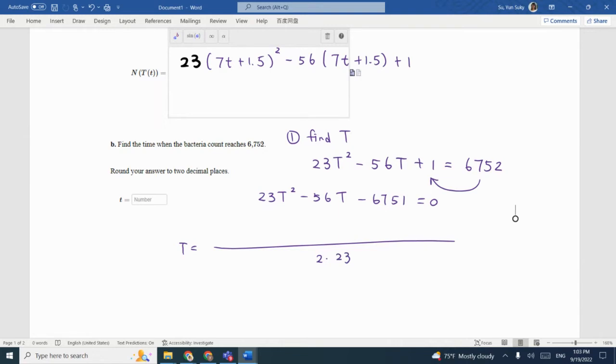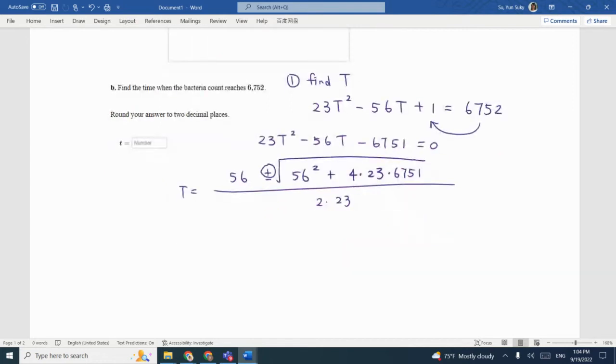Are you familiar with the quadratic formula? Yes, we talked about that last time. So 2A at the bottom, and then negative B, which is 56, plus or minus the square root of B squared minus 4AC. But do you see that C is negative? So negative, negative makes it positive.